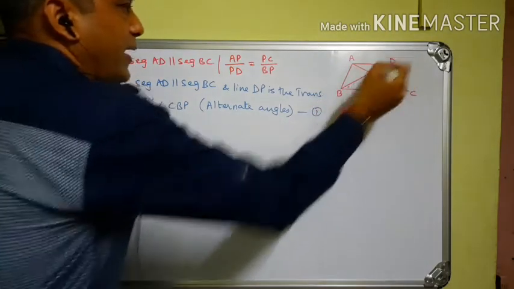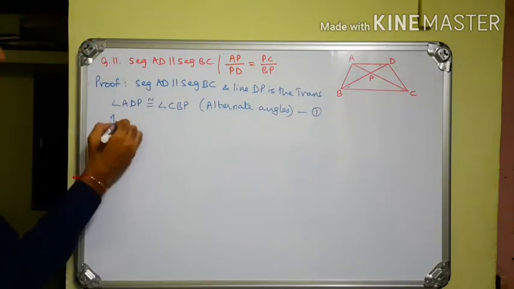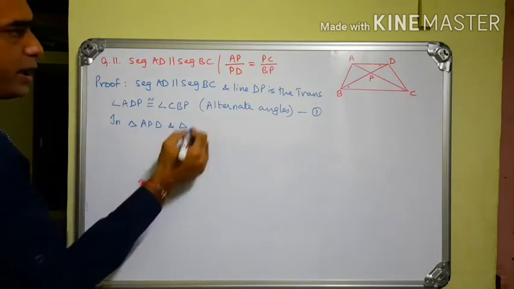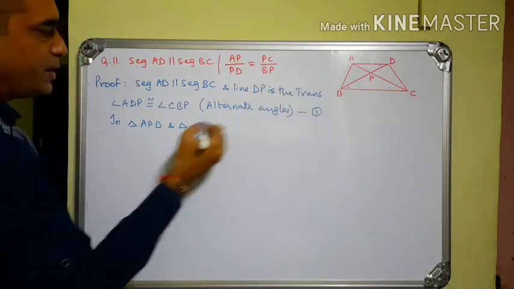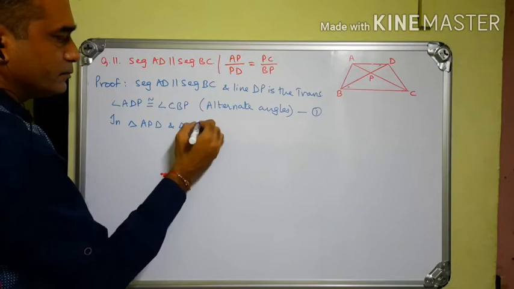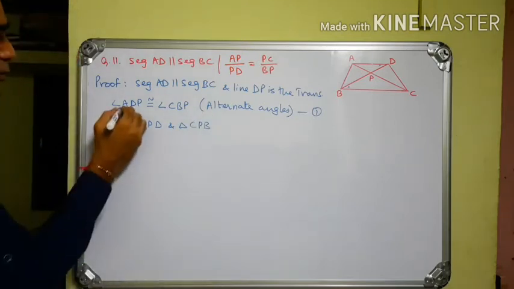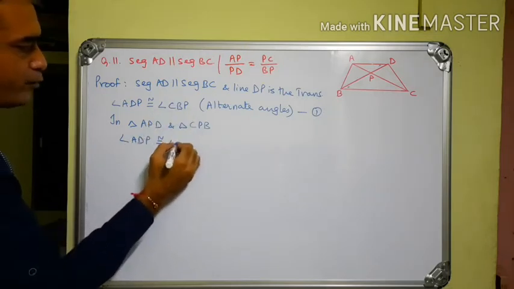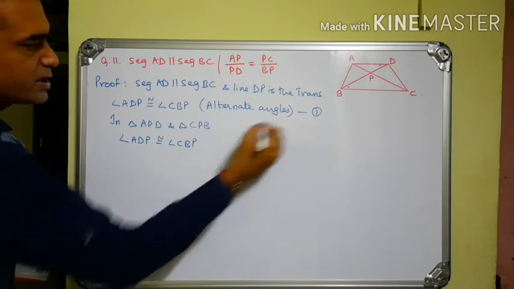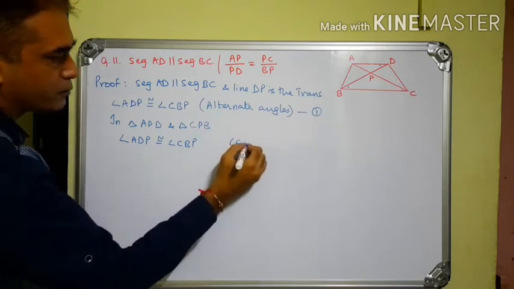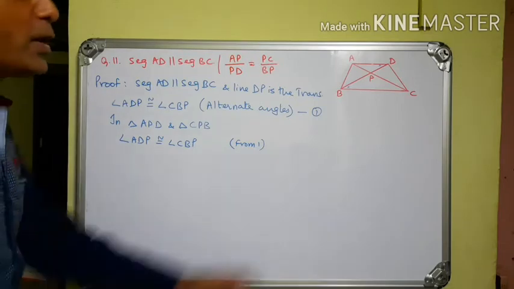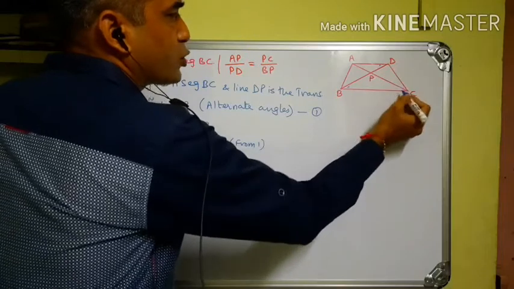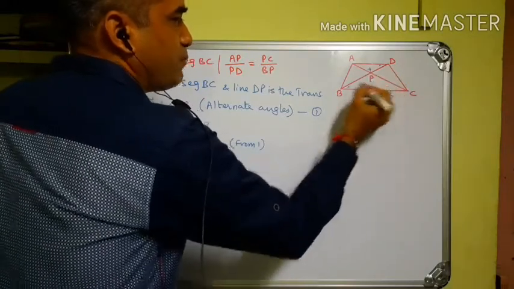Now in triangle APD and triangle CPB, first point, angle ADP is congruent to angle CBP. This is from 1. And which is the other pair of congruent angles? Angle APD is congruent to angle CPB.